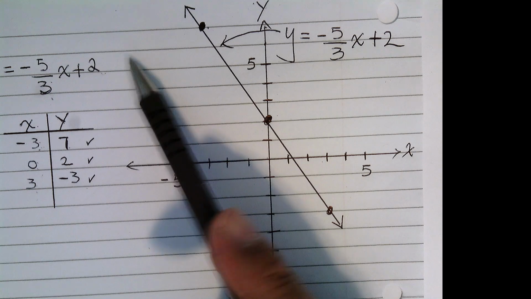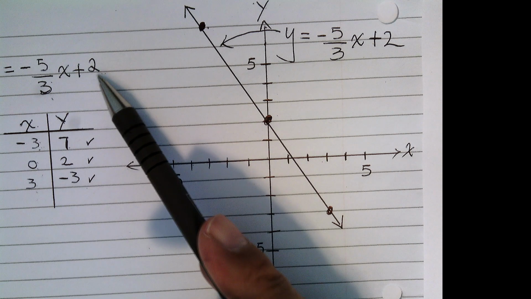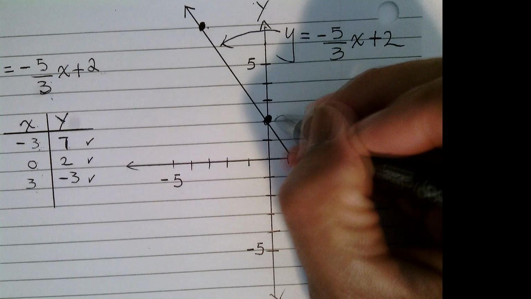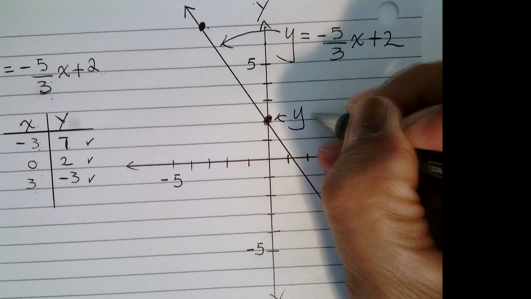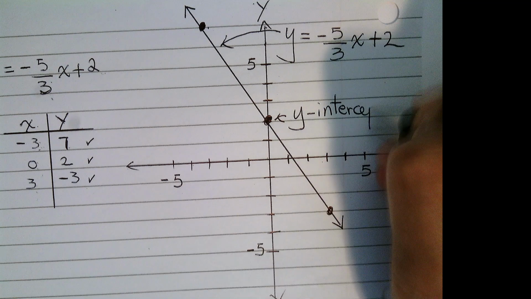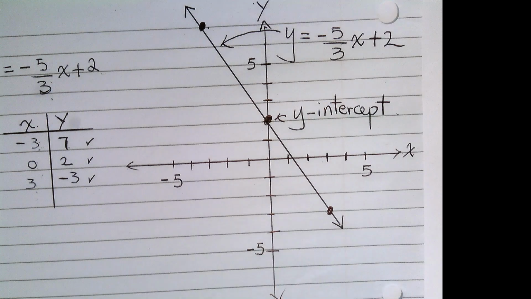So this number, as a matter of fact, represents a point on the y-axis, and this point is called the y-intercept. Okay, the y-intercept.